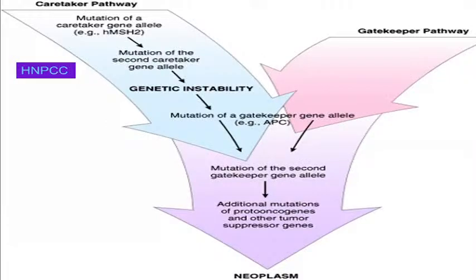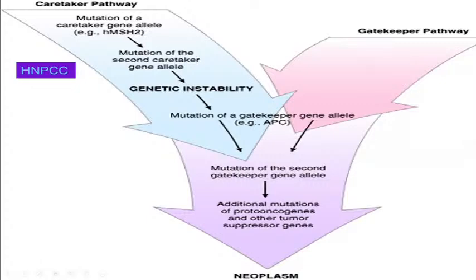So I think you probably remember this diagram also from Robbins: the pathways that lead to neoplasia, the two of them, the gatekeeper pathway and the caretaker pathway. In the hereditary non-polyposis coli, there is mutation of a caretaker gene, such as, remember we said there are several of them, the five mismatch repair genes. This is one example.